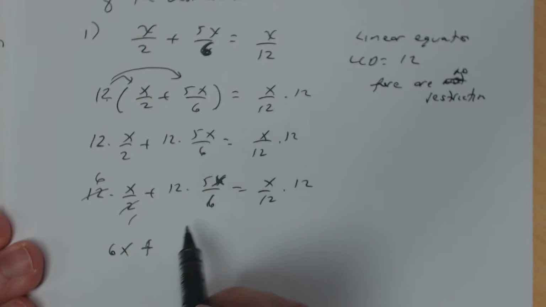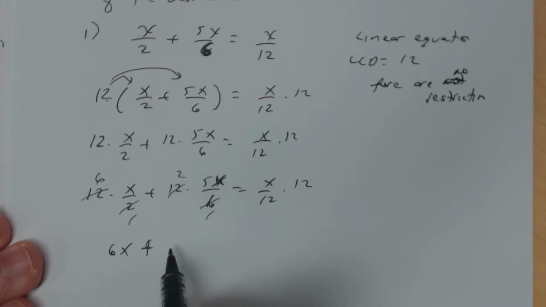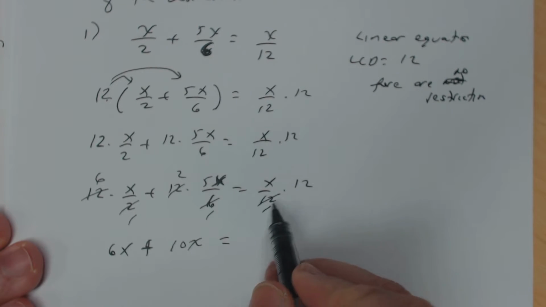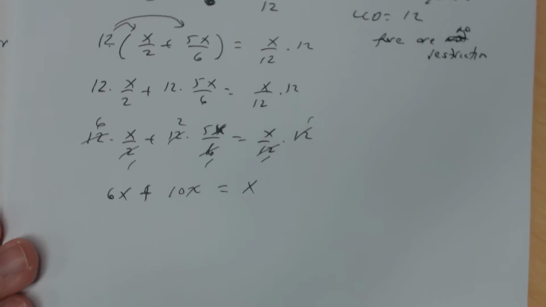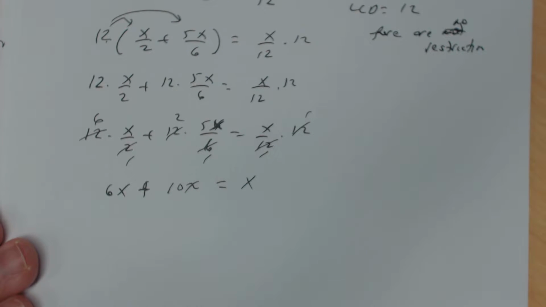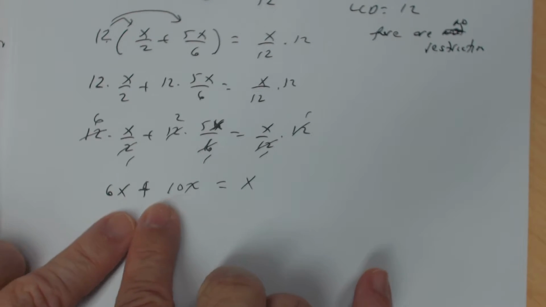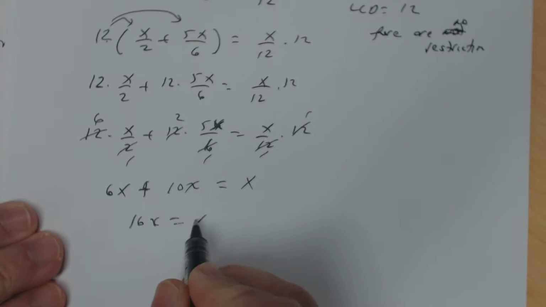Plus 6 into 6 is 1, 6 into 12 is 2, 2 times 5x is 10x, equal, over here, the 12s divide out, and you get x, so that's where I'm at. Now I'm going to combine like terms on the left side, so I get 16x equal x.